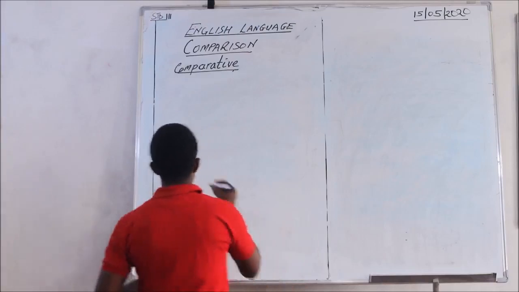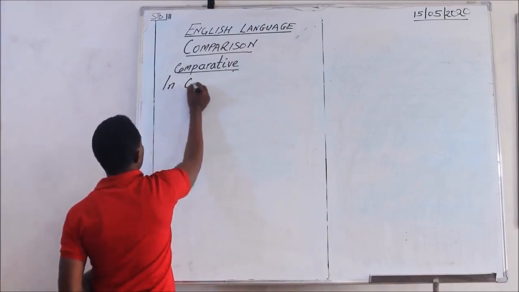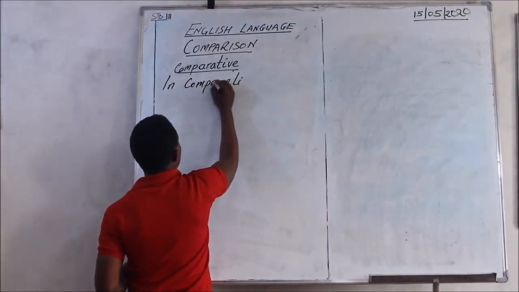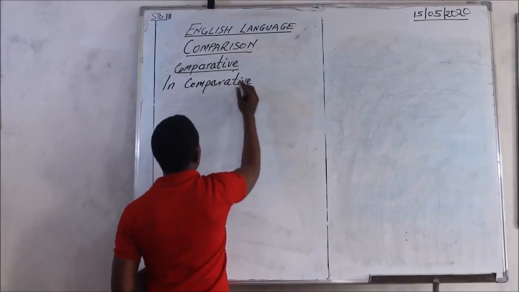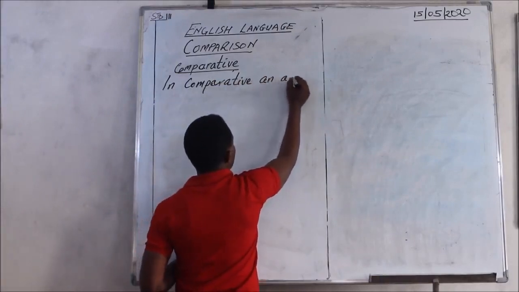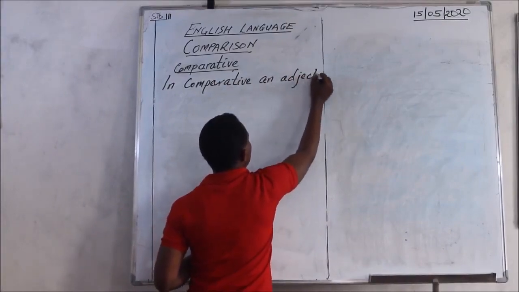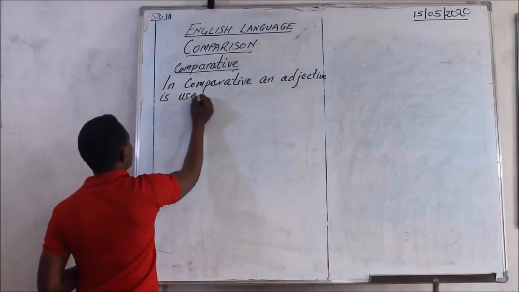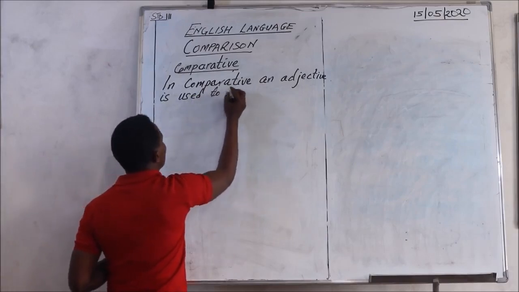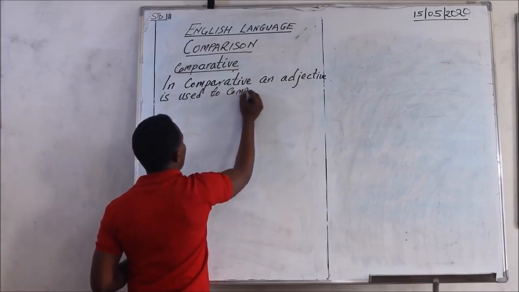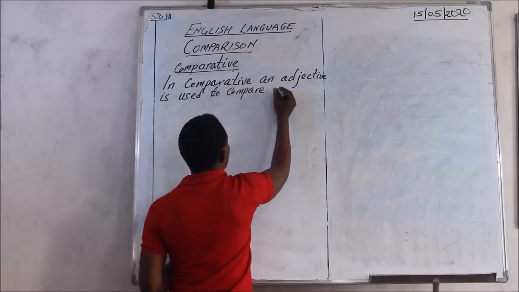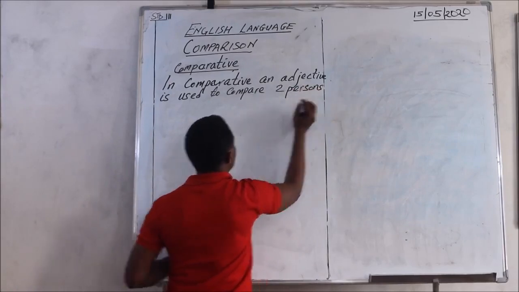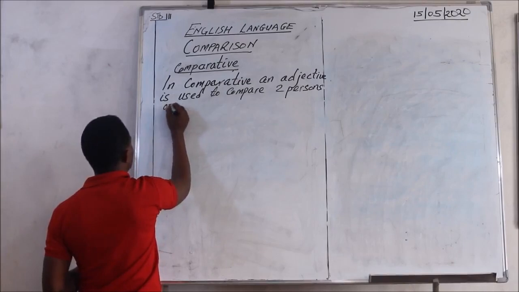Let me write this. In comparative, an adjective is used to compare two persons or things.